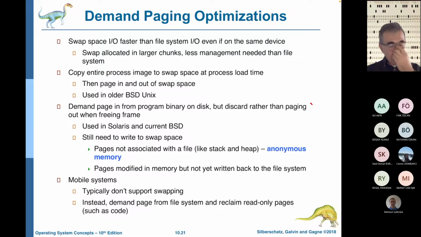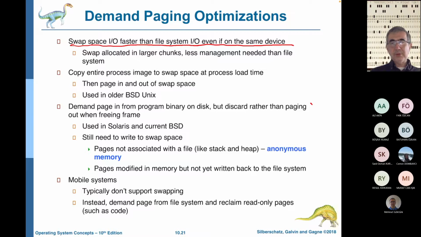So some different operating systems deal with this paging problem differently. Sometimes swap space I/O is implemented as faster I/O, even if they are on the same device.